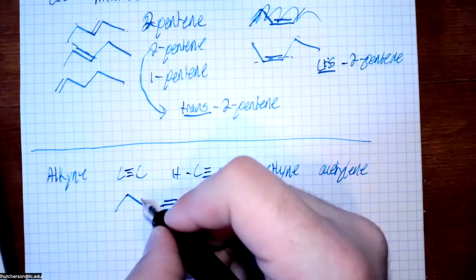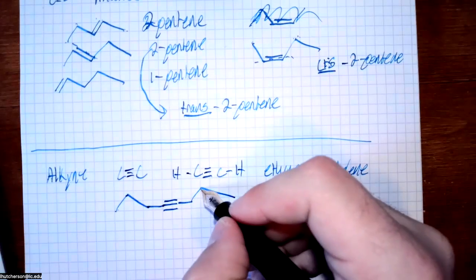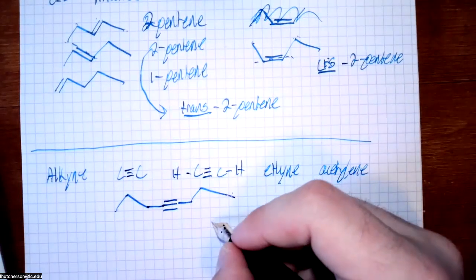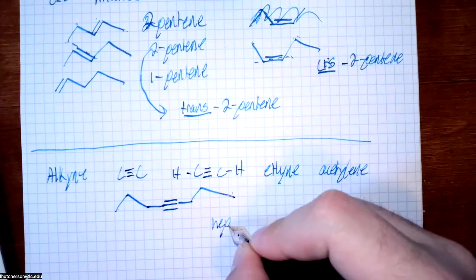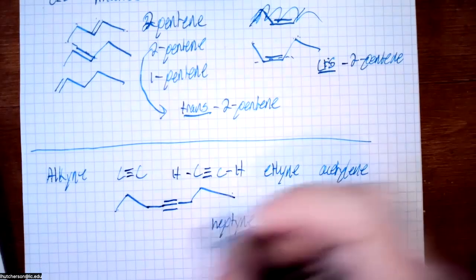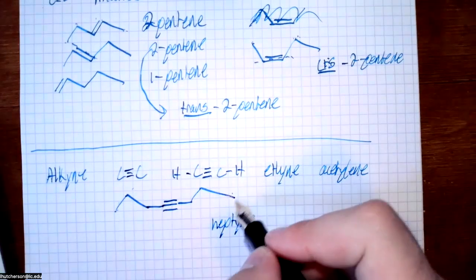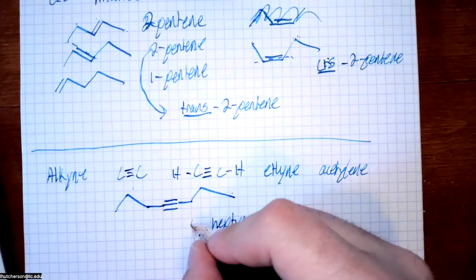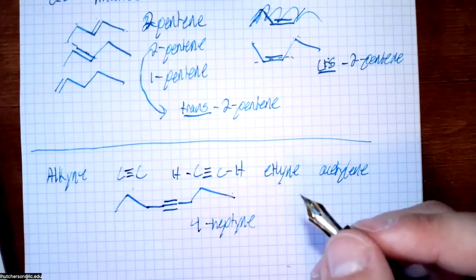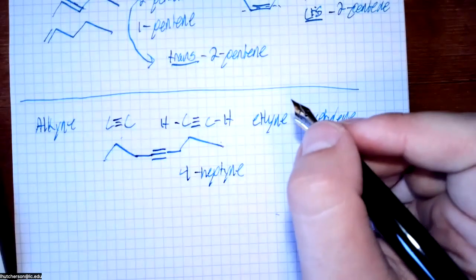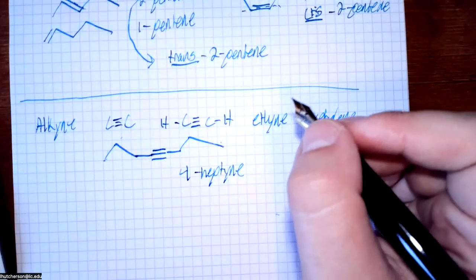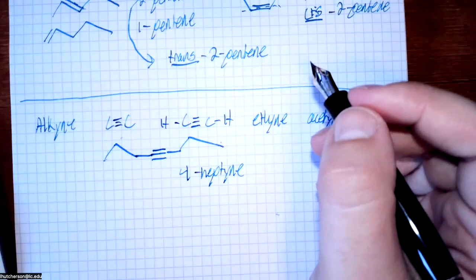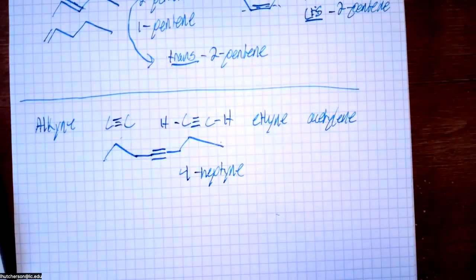This is a 2, 3, 4, 5, 6, 7. That's going to be 7. So this is going to be heptyne. 1, 2, 3, 4. 1, 2, 3, 4. So this is going to be 4-heptyne.